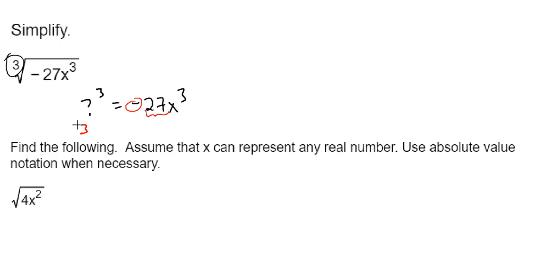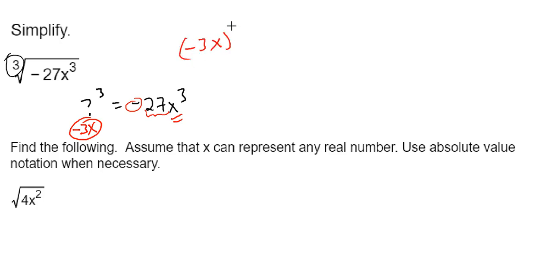To get the negative sign, I will need a negative here, because when I raise a negative number to the 3rd power, the answer will still come out negative. And to get the x to the 3rd power, I'm going to need an x here with the 3, so that when this gets raised to the 3rd power, that will give me x to the 3rd power. All right, let's test that out.